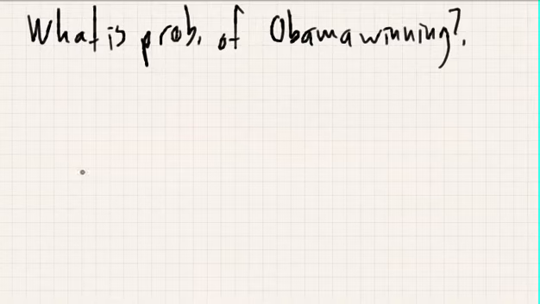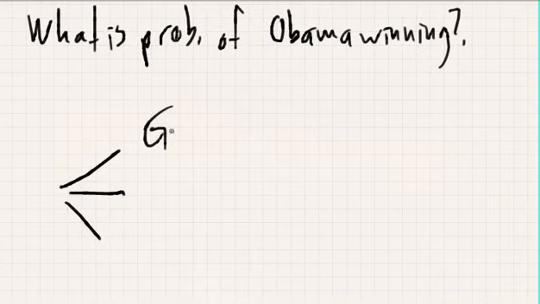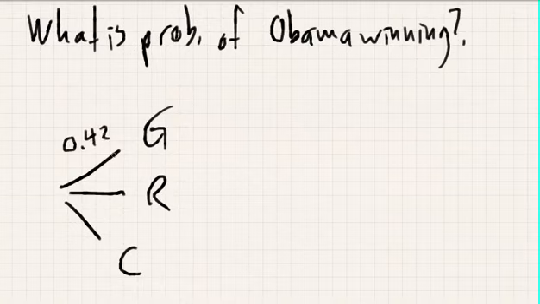So our tree diagram, first we've got three choices which are that Newt Gingrich gets the nomination, that Mitt Romney gets the nomination, or that Herman Cain gets the nomination. And above these, we write the probability that they get the nomination. Gingrich gets 0.42, Romney gets 0.35, and Cain gets 0.23. I mean really it's 1, but whatever.